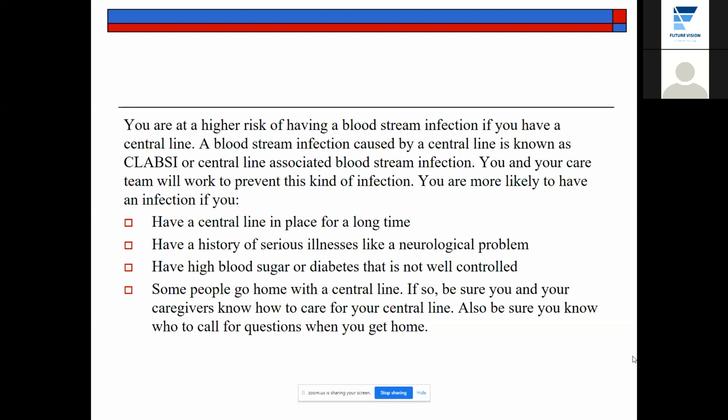For this reason the patient is at high risk of having the infection at this point. مين المريض اللي بيكونوا معرضين؟ فإذا المريض اللي عنده central line for long time، مثل ما قلت لكم نفس الطرد، المريض اللي بيكون على الفنتليتر for long time he's at high risk يكون في عنده infection. كمان المريض اللي عنده history of illness like a neurological problem. إذا المريض كمان عنده neurological problem، diabetes.